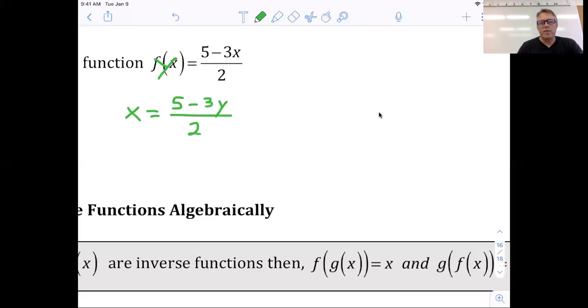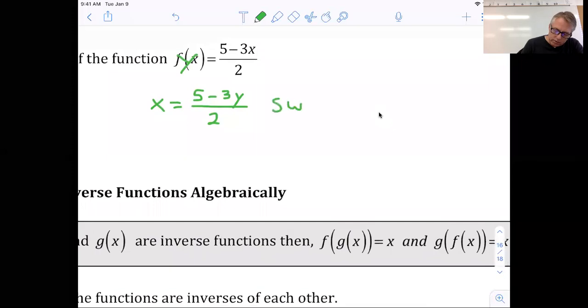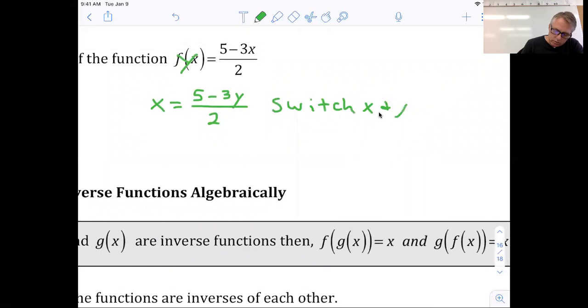So we switch x and y, and then we're going to solve for y. So I multiply both sides by 2. I get 2x equals 5 minus 3y.